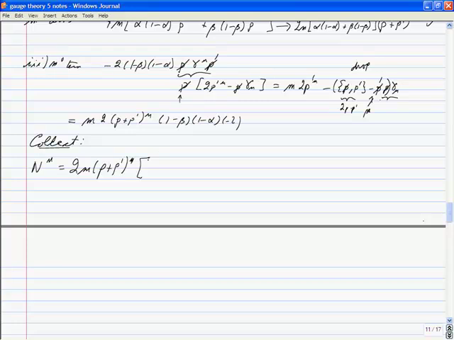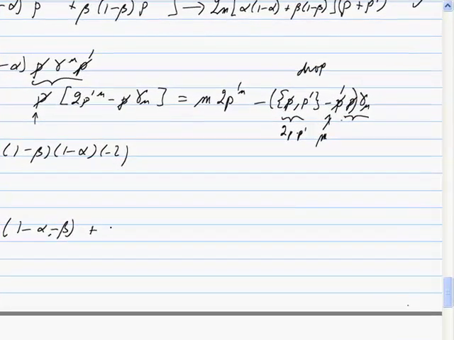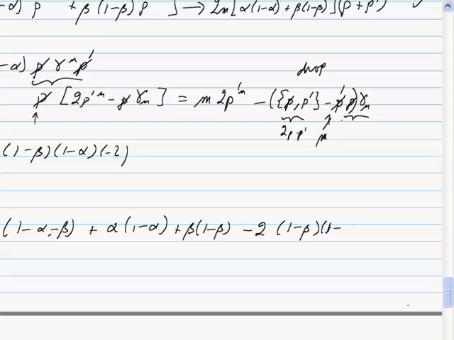In the order we found them, the first one was 2, 1 minus alpha minus beta. The second was alpha 1 minus alpha plus beta 1 minus beta. And this last was minus 2, 1 minus beta 1 minus alpha.